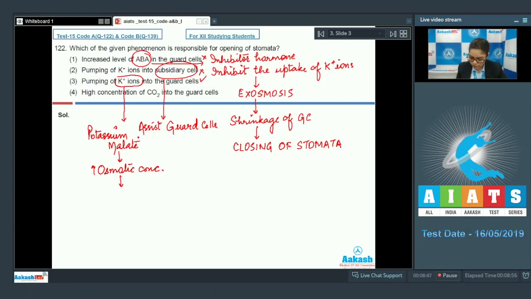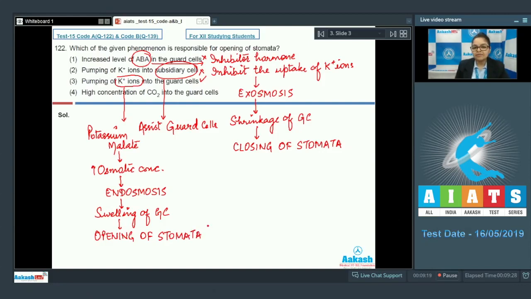That leads to endosmosis, right? And because of endosmosis, can I say these guard cells will swell, right? So swelling of guard cells leads to the opening of stomata, right? So this statement 3 is correct.